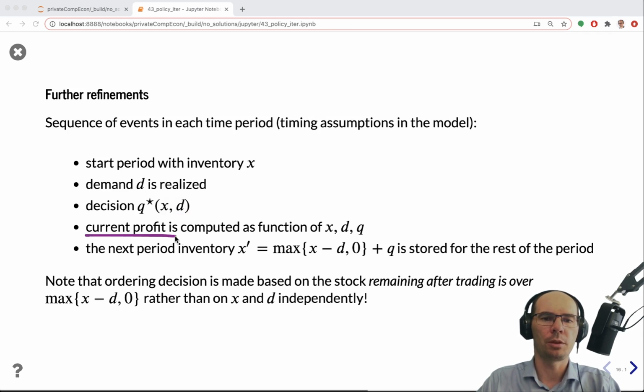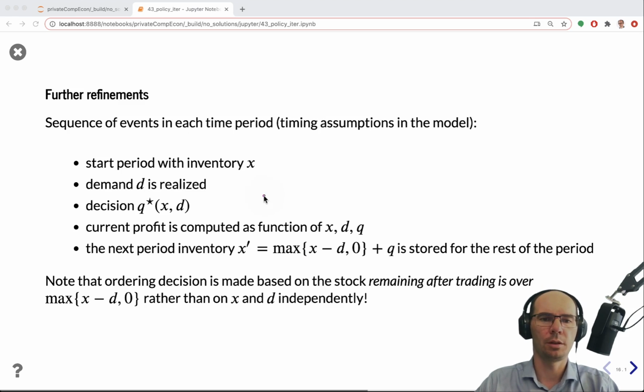And then the current payoff is computed as a function of x and d and q, because q now enters in the current payoff through the fixed cost of order and also the cost of storage. And then the next period inventory is finally known, and it's stored for the rest of the period for the given price of storage.